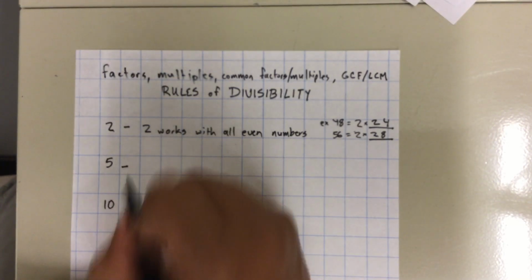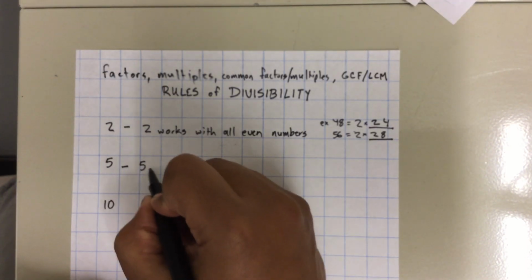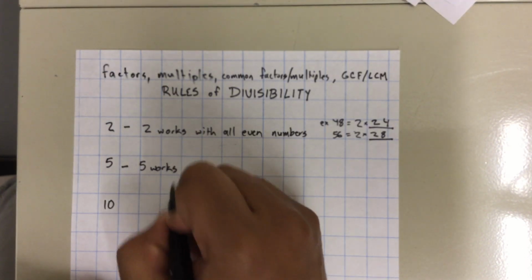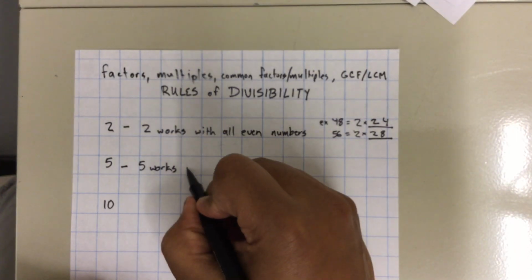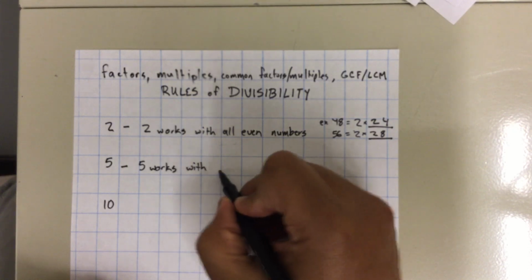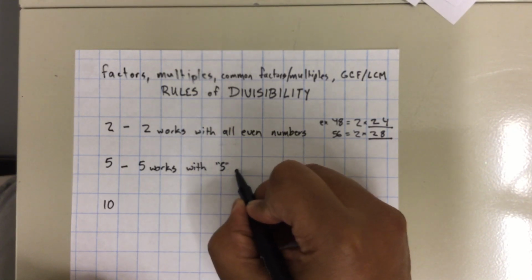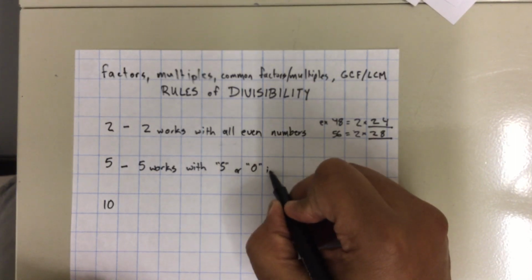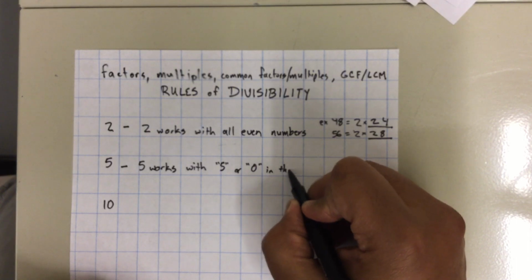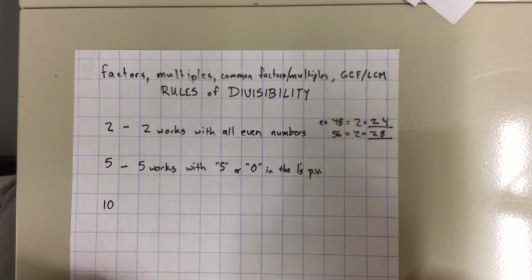The rule for 5, you're going to look at the tens place. Did I just say the tens place? We're looking in the ones place. 5 works with a 5 or a 0 in the ones place value.